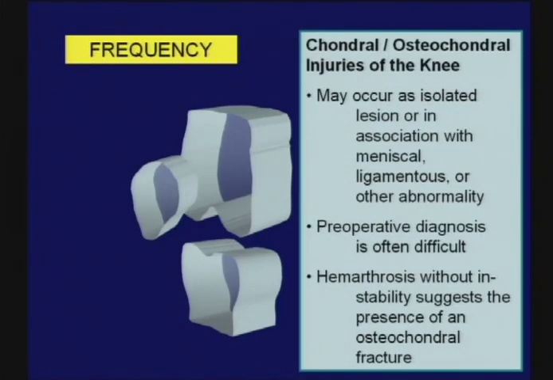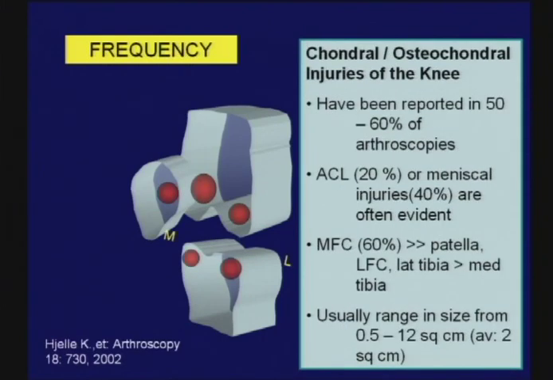So let's return to chondral and osteochondral injuries about the knee. They may occur in an isolated fashion or be associated with problems in other structures in the knee. The preoperative diagnosis of an osteochondral or chondral injury can be difficult. One of the findings that is stressed by some orthopedic surgeons, the presence of a hemarthrosis without instability, suggests an osteochondral fracture.